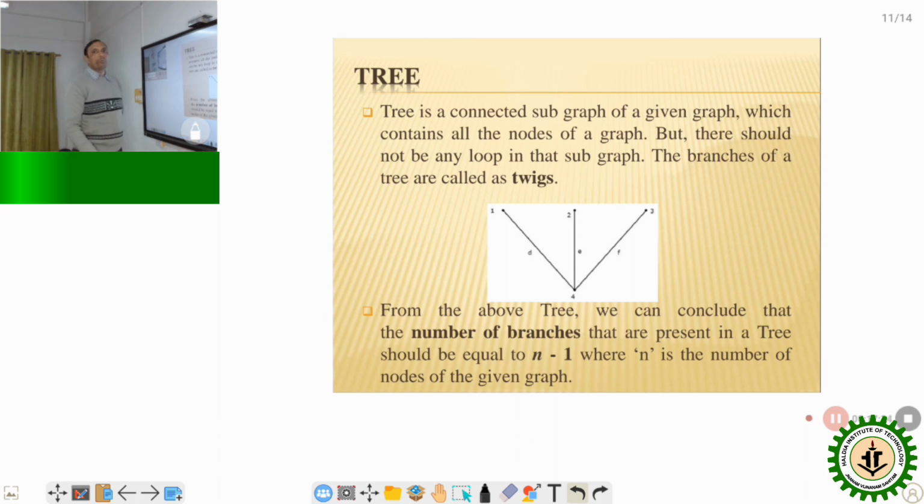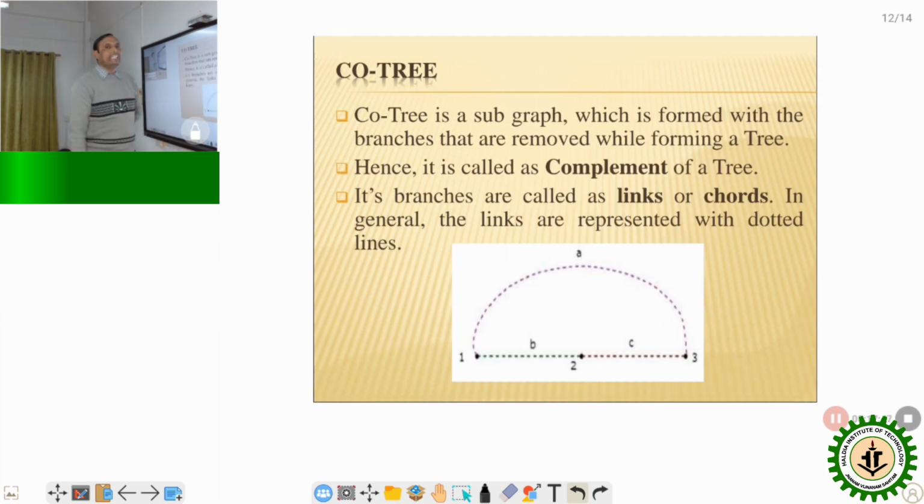Whenever we design the core tree, we will consider the branches in between node 1 and node 2, node 2 and node 3, and node 1 and node 3, and we can design the core tree.